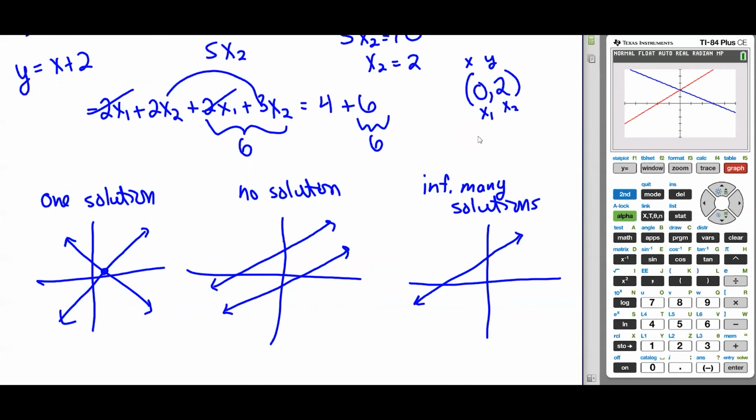So a quick example would be, if you had 2x plus 4y equals 6 and x plus 2y equals 3, right? If I just divide the first by 2, I get the second equation. Those 2 equations have exactly the same solutions. So this system would have infinitely many solutions because it's just a line and there are infinitely many points on this line.